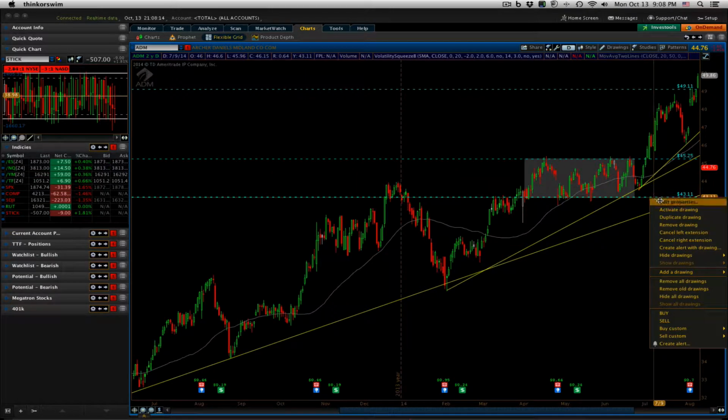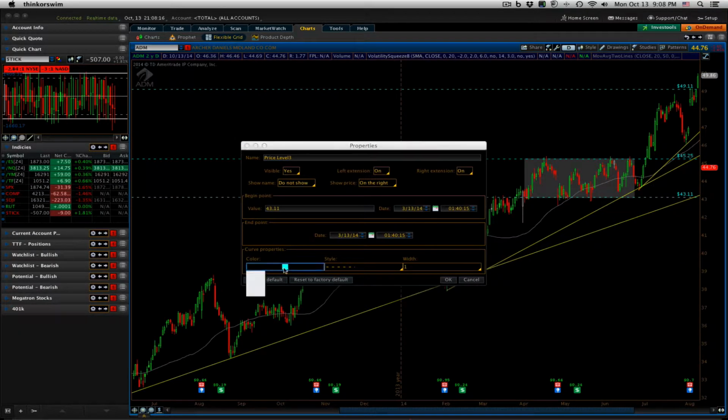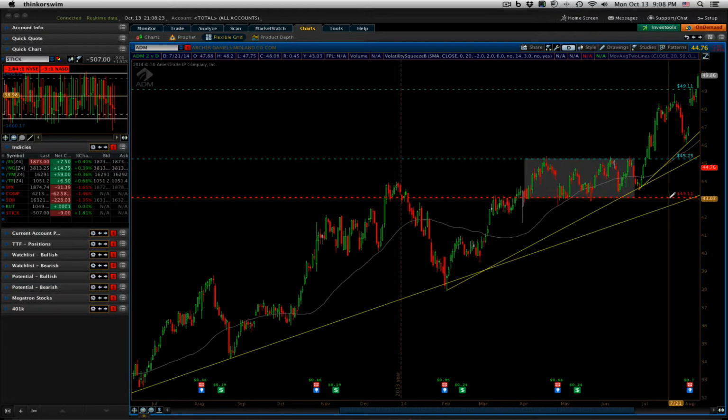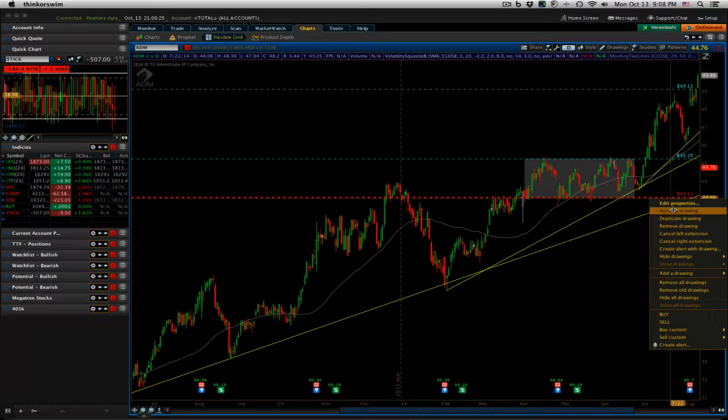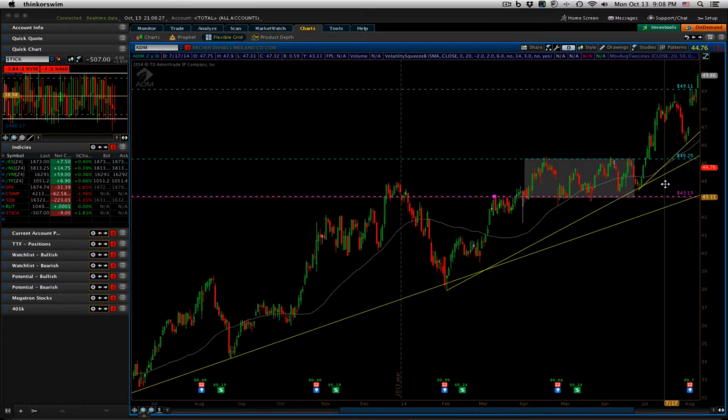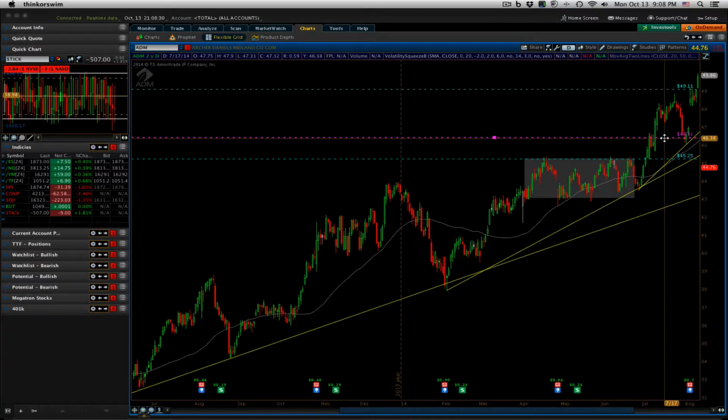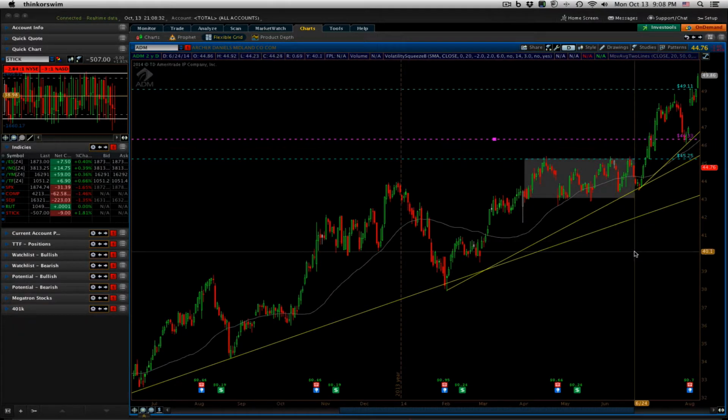The stop was at 43.11. Let's make this red, and we'll make it very simple for you guys. So here's our stop. Now we're going to be able to move our stop, and this is what we do. We just trail stops higher.